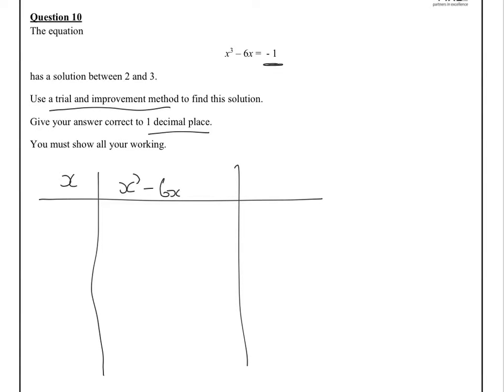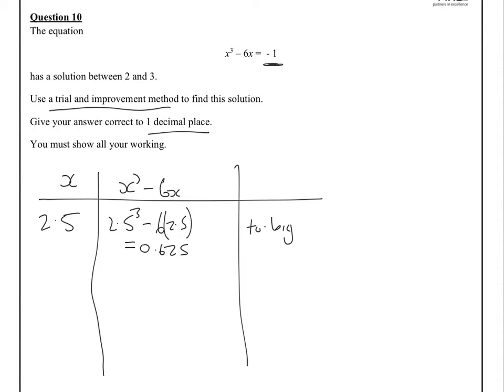It's between 2 and 3, so I'm going to put in 2.5. When I put that in, I'm going to get 2.5 cubed minus 6 times 2.5. I'm not going to do this every time. I get the answer of 0.625, which is too big.